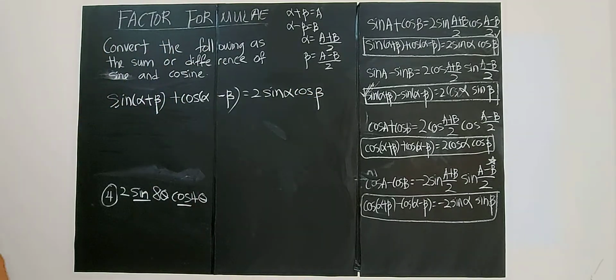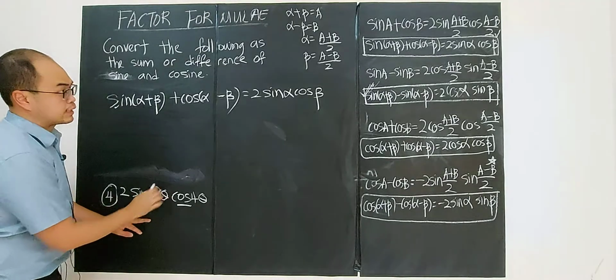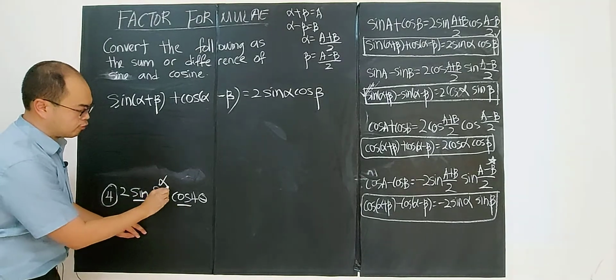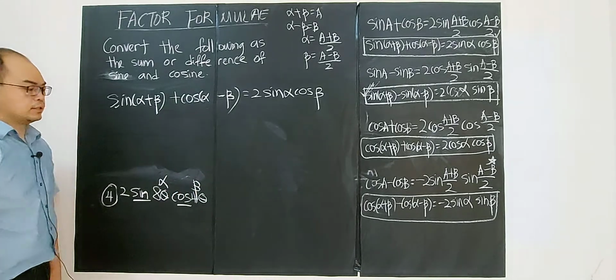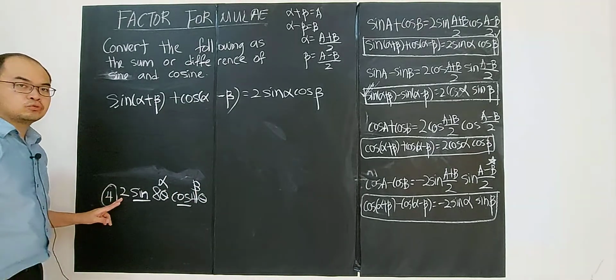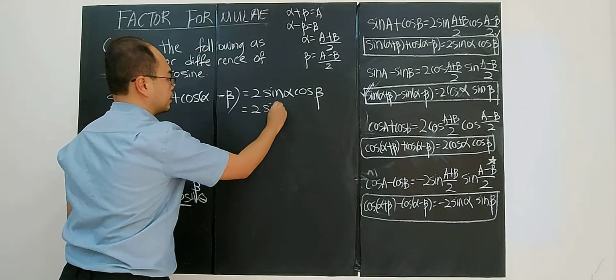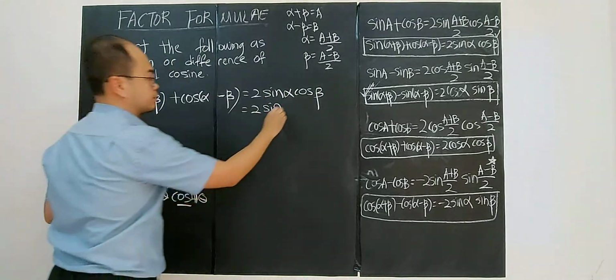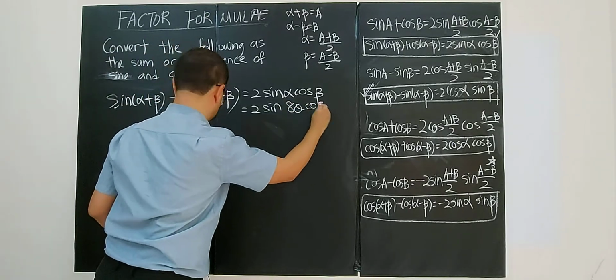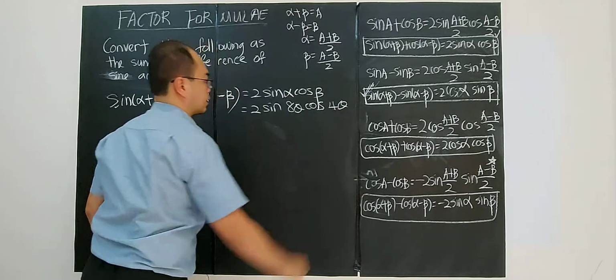Okay, so now then we look at this sine cos. So this is your alpha and this is your beta, right? So then here is 2. You are very lucky, right? Here is already 2 here. So we have 2 sine 8 theta cos 4 theta.